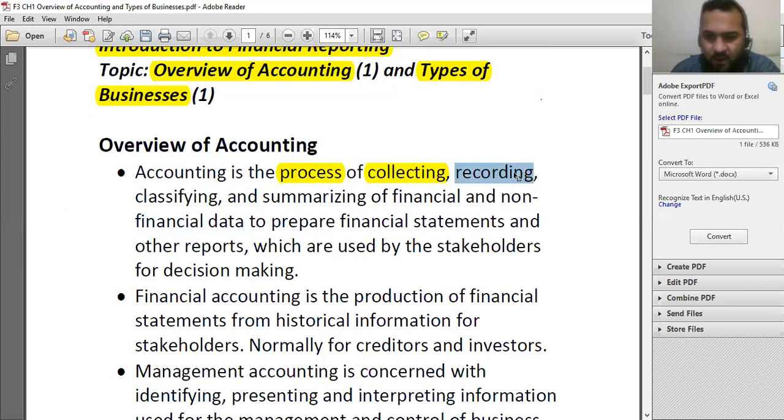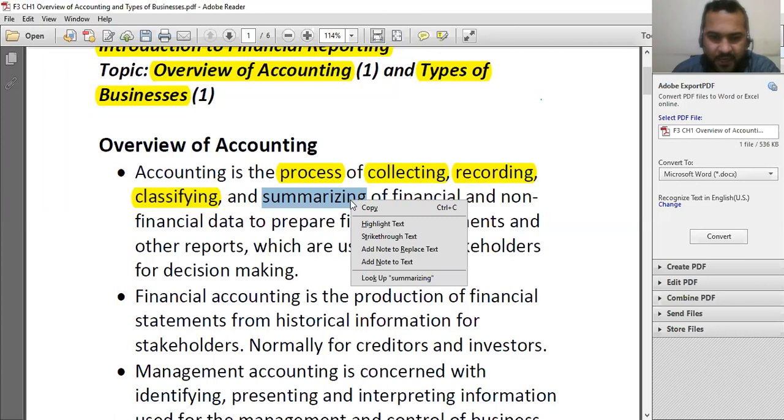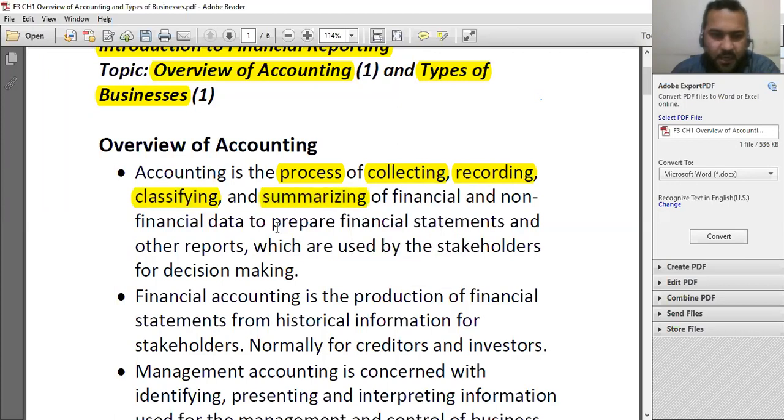Then we are recording the collected data, classifying it, and summarizing it. And then we are preparing the financial statements and other reports which are used by the stakeholders for decision making.